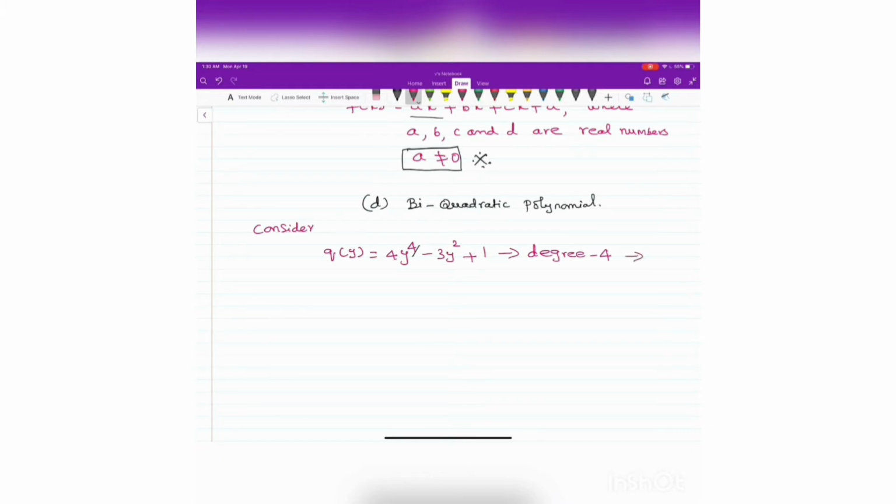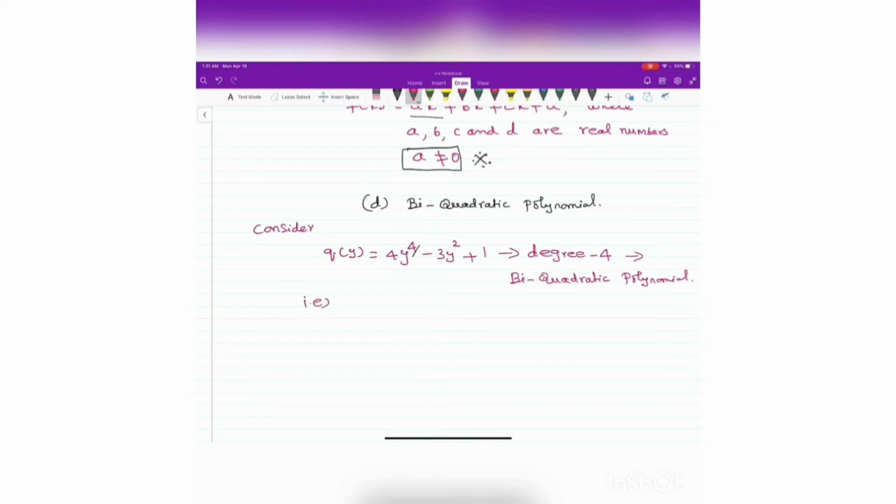So this is a biquadratic polynomial. Okay, so let me write it in statement form.